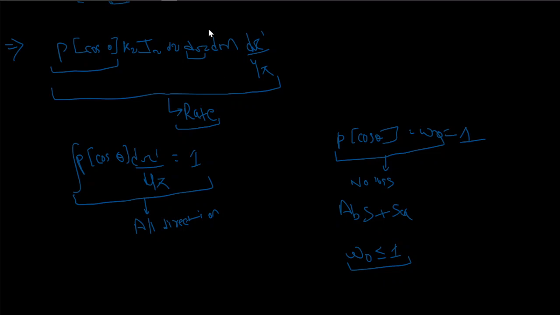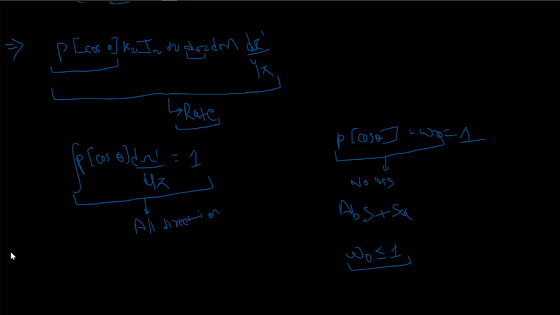This tells us how much radiation is going to be scattered and how much is going to be absorbed. This phase function is also very important because it defines the rules. So this is the basic meaning of the phase function and how it defines the scattering of the radiation.